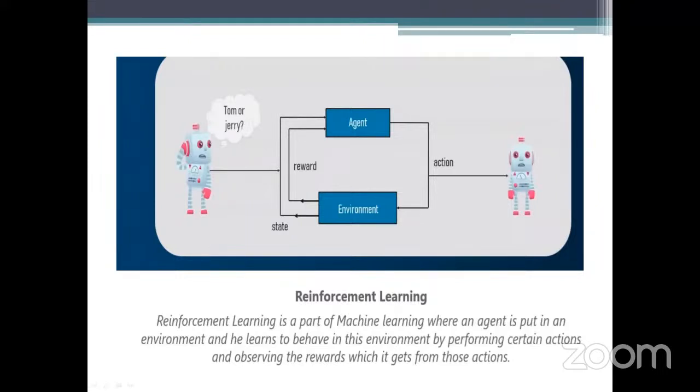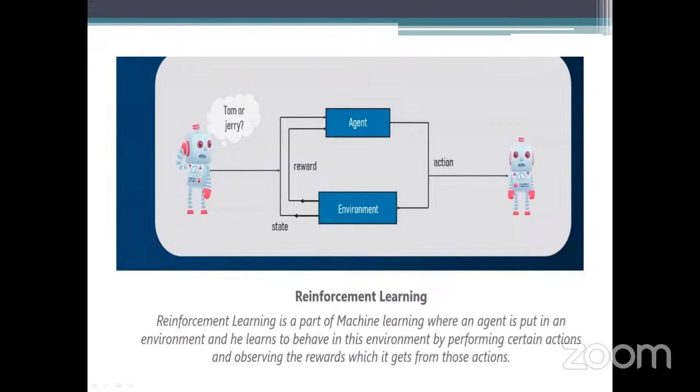Then you will think how to live on this island. You will explore the environment. You will understand the climate conditions, the type of food, how dangerous the island is, and so on. So many thoughts will be there. This is exactly how reinforcement learning works, right?